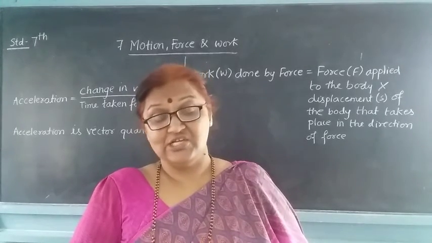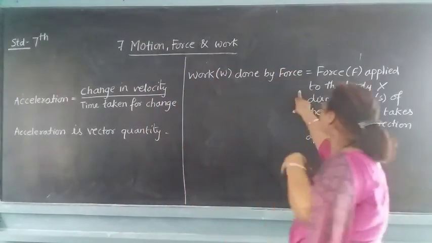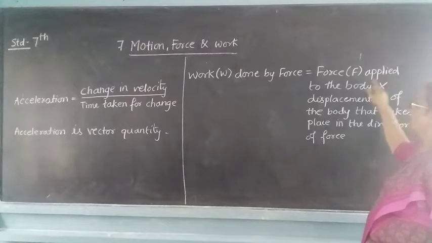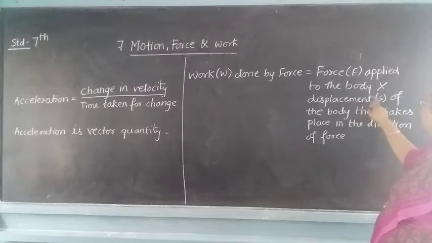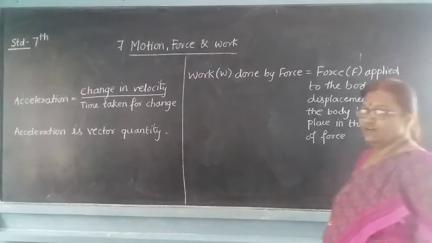So there is one relationship which is given here. See here, work done by a force is nothing but the force F applied to the body multiplied by the displacement S of the body that takes place in the direction of the force.